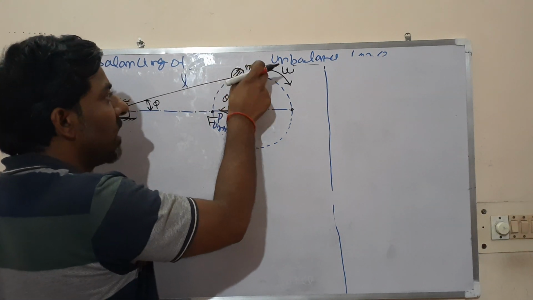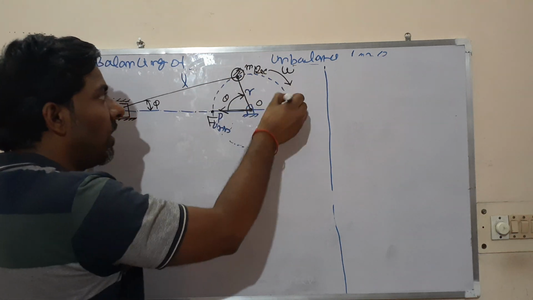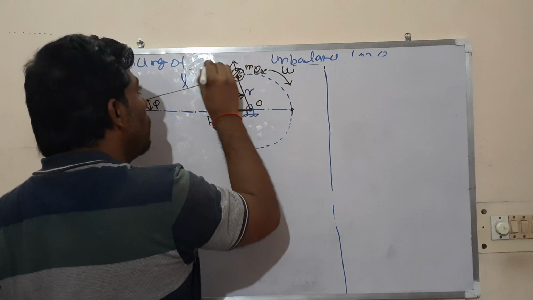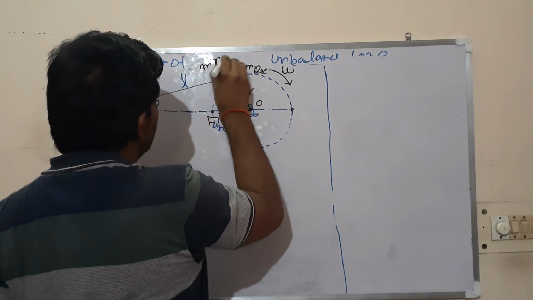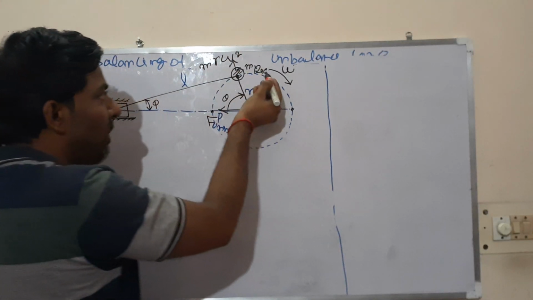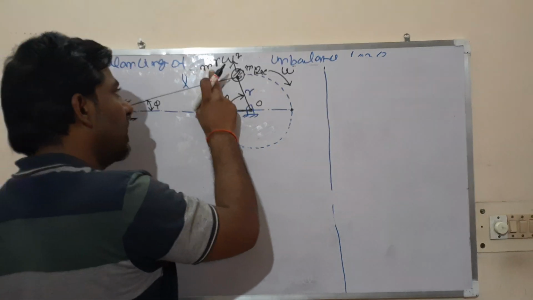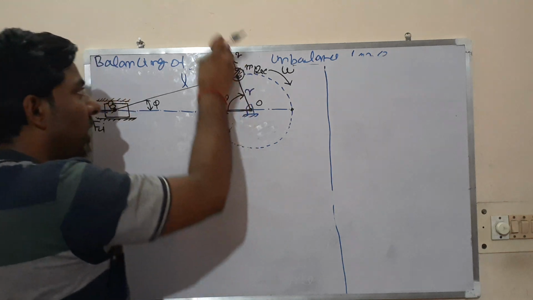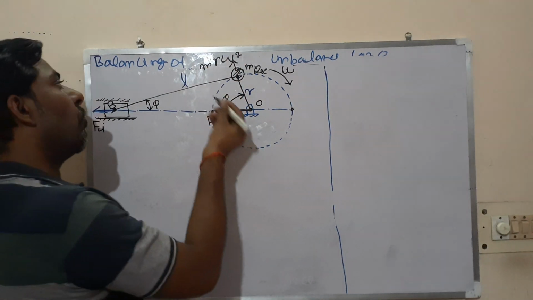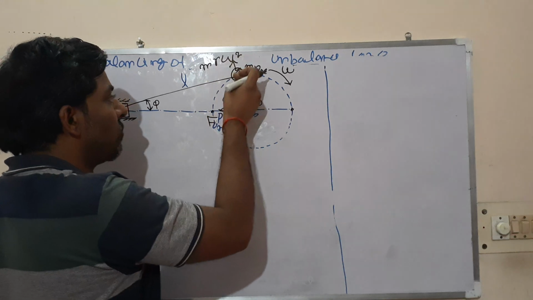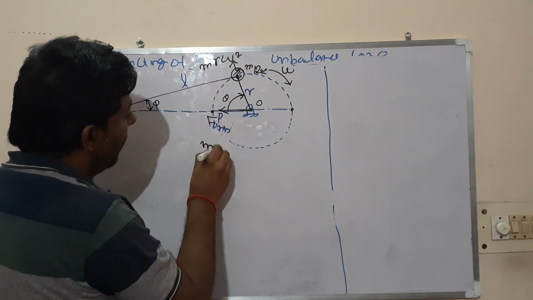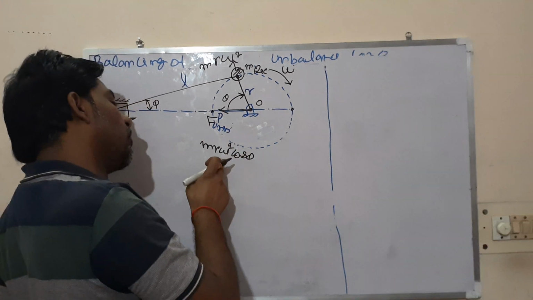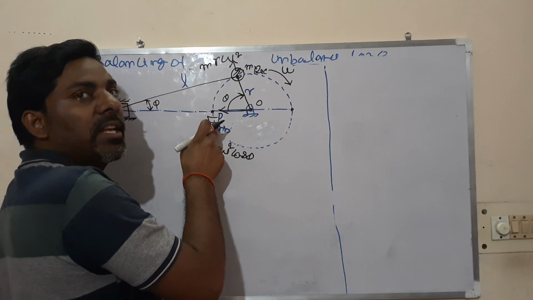So this mrc is rotating with an angular velocity of omega. A centrifugal force will act radially outward, equal to m r omega square, where m and mrc are the same thing. This is the centrifugal force, the unbalanced force. Now let us see the component of this m r omega square along this direction. That will be m r omega square cos theta. This is similar to the primary unbalanced force.